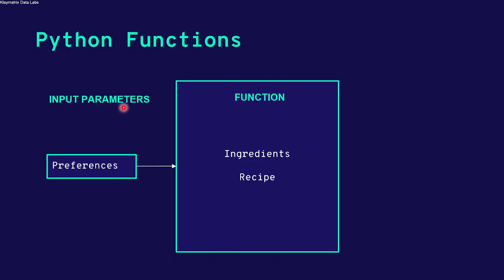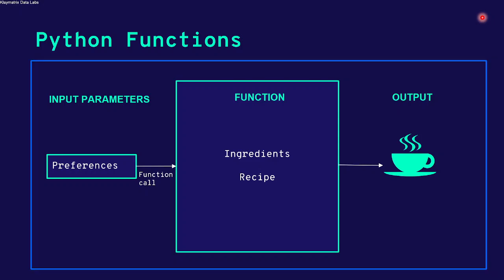Once you pass it to the function using the function call, we pass the preferences as parameters, and then you get an output, which is a cup of tea. So this is the entire process of making a cup of tea, and we have used it to relate it to a function.